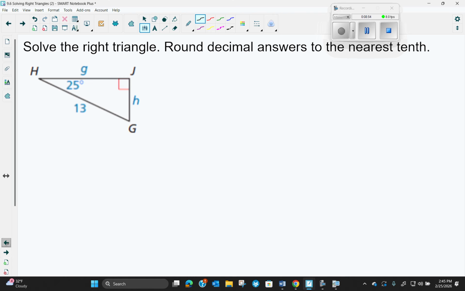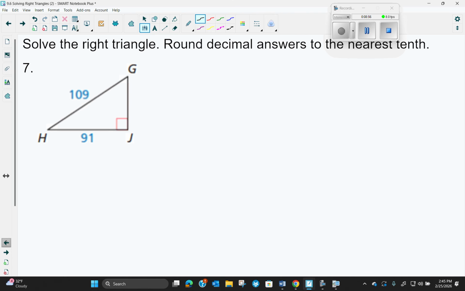Let's do one here where they give me an angle. This one has the hypotenuse. So let's use this. So first I want my missing side. This 91 squared plus b squared equals 109 squared.